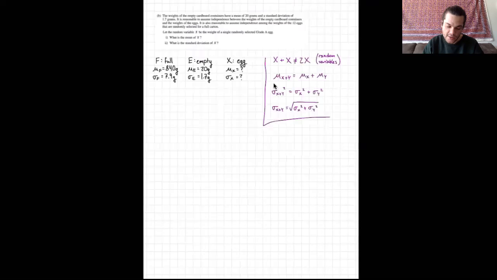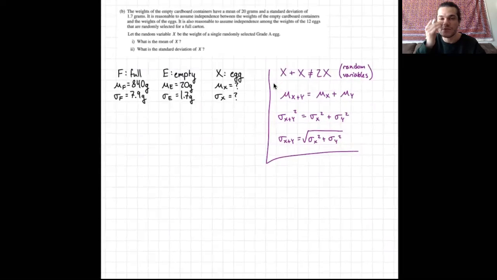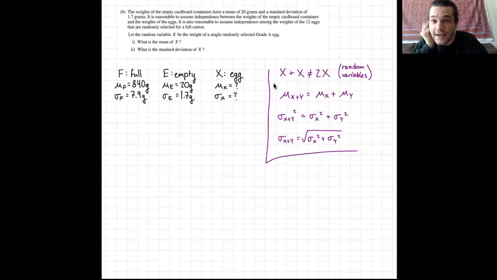This is the fun part, where we're looking at the distributions of the empty cartons and each of the eggs all added together. And it really highlights this idea in statistics that X plus X is not equal to 2 times X when we're talking about random variables, because each egg has its own distribution. When we're adding them together, you can't just take double one of the eggs.